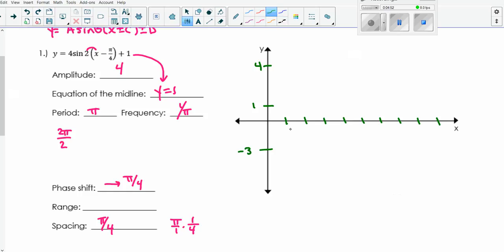Okay. My spacing, so this is pi over 4 is my first move. That's my phase shift, and then I go pi over 4. So then this would be 2 pi over 4, 3 pi over 4, 4 pi over 4, so just pi, 5 pi over 4, 6 pi over 4, which is 3 pi over 2, 7 pi over 4, 8 pi over 4, which is 2 pi, and 9 pi over 4.